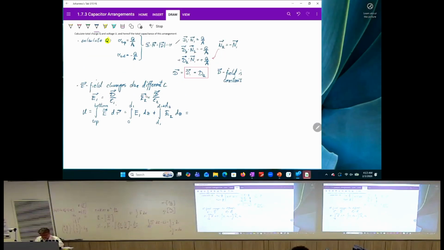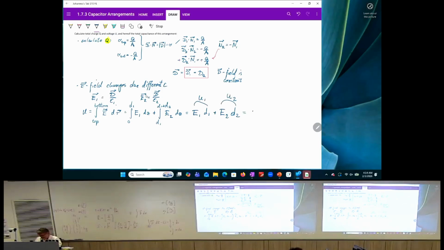So this becomes very agreeable because this is just E1 times D1. The second contribution to the integral, the second path, gives us E2 times D2. This is actually equal to the voltage U1, and this gives us our voltage U2.